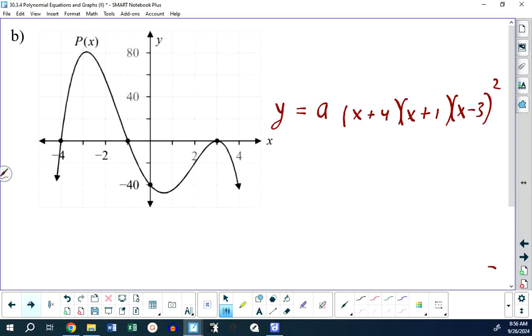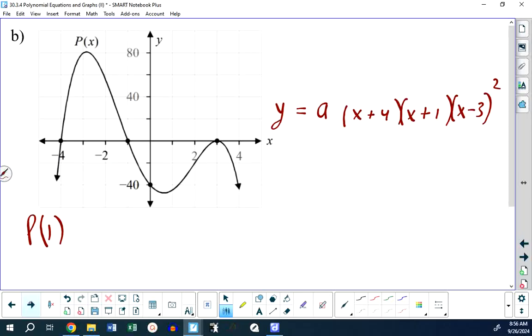So let's say, for example, that I asked you, and I'm going beyond the question here, but I think that's okay. If I asked you, what is P of 1? If that was an exam question, I give you this graph, and I say, what is P of 1?